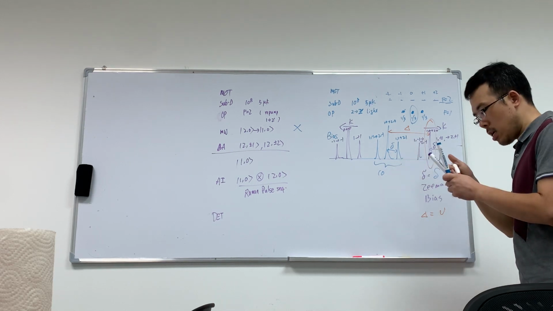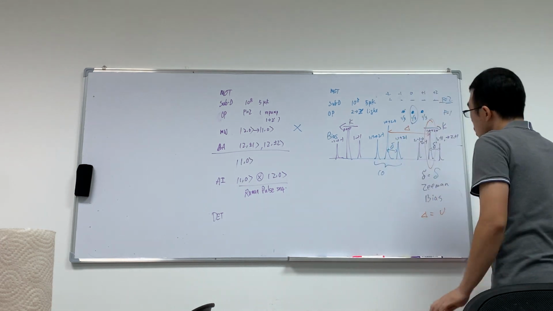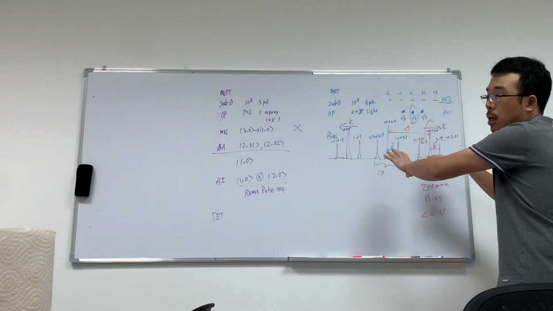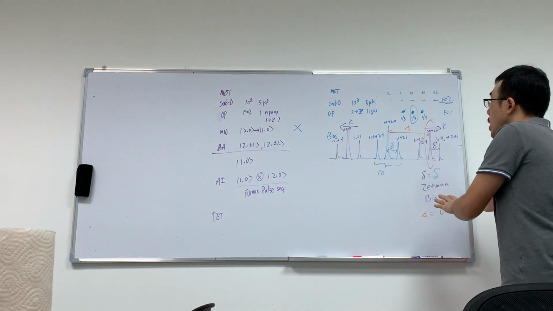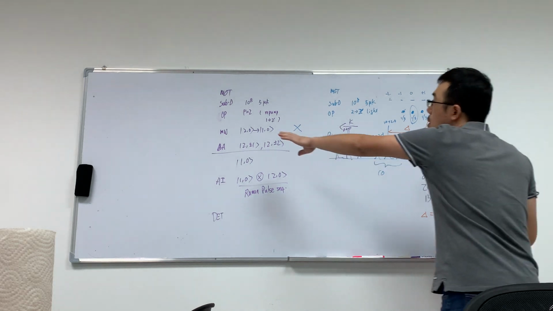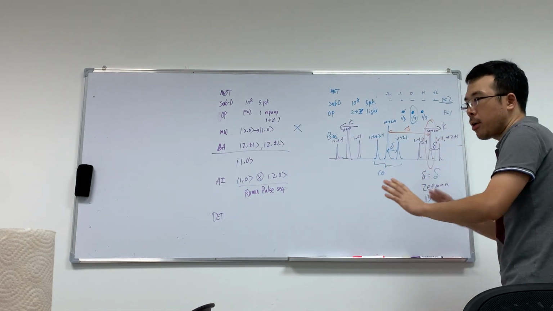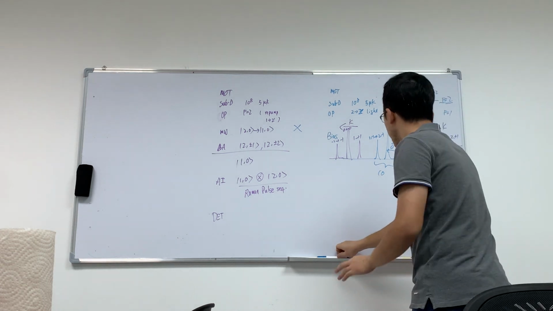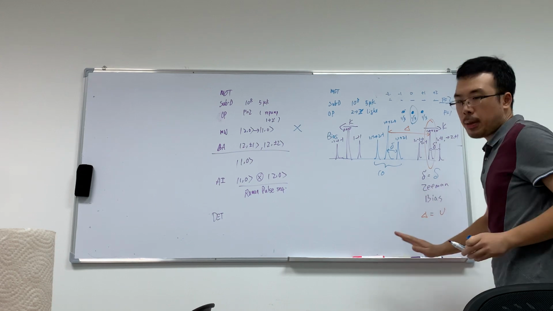Okay. This is how we do it in our setup in Boltzmann. What we can do in Dirac, because you don't have the microwave, is apply a huge magnetic field. Let's say I remove this part.